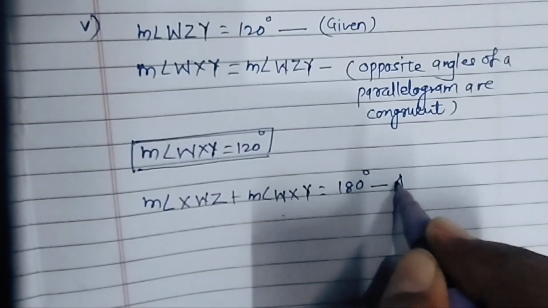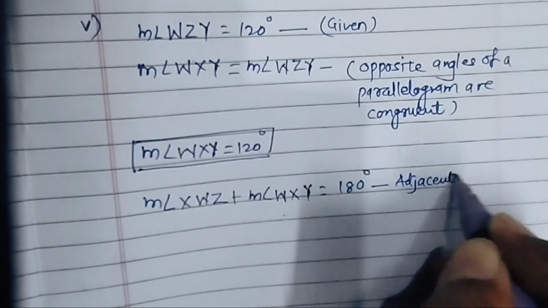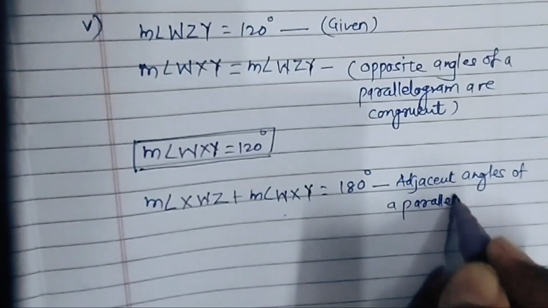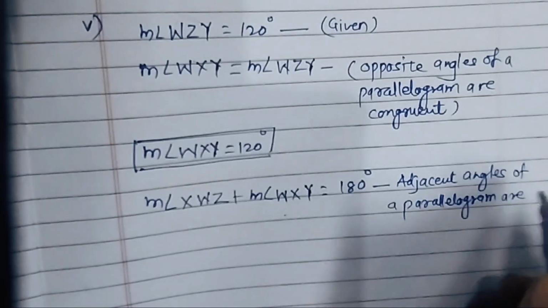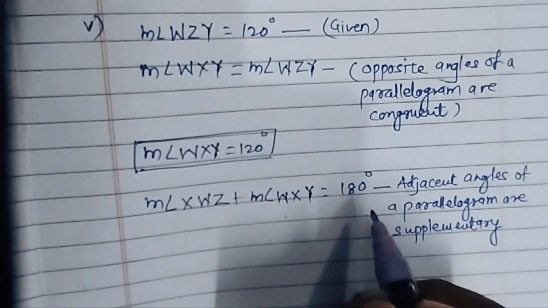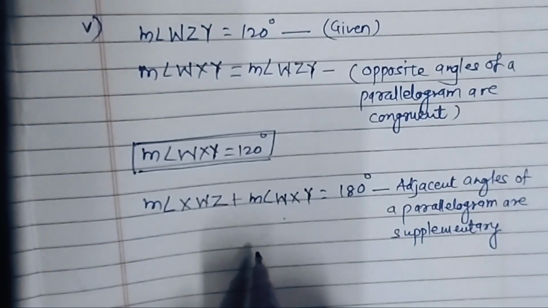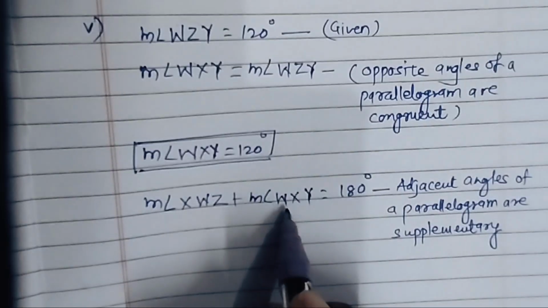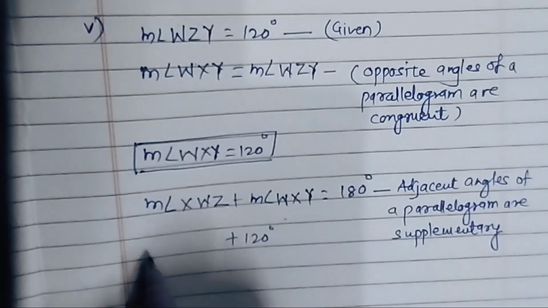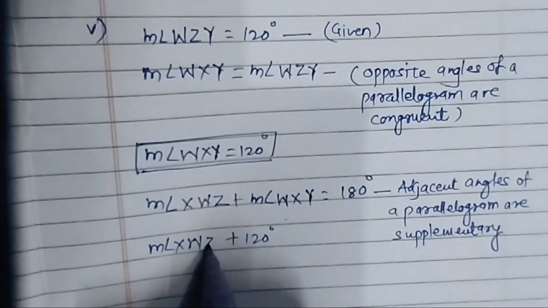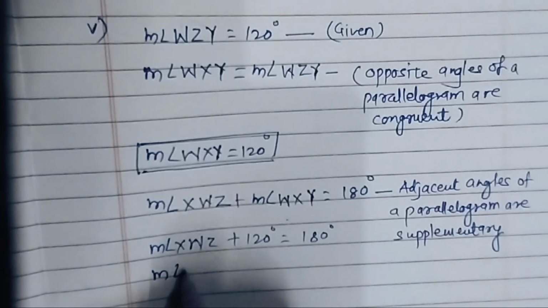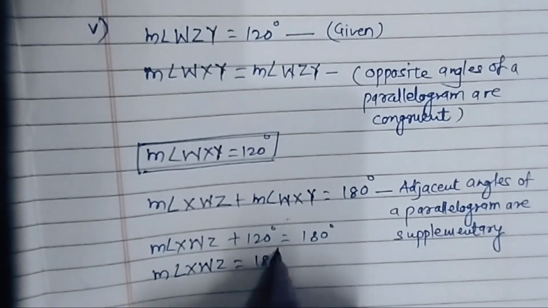So here we write: adjacent angles of a parallelogram are supplementary, that is their addition is 180 degrees because they are adjacent angles. The value of WXY we found is 120 degrees, plus measure of angle XWZ is equal to 180 degrees. So we write: measure of angle XWZ is equal to 180 degrees minus 120 degrees.